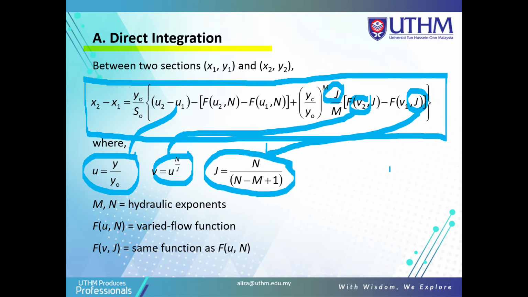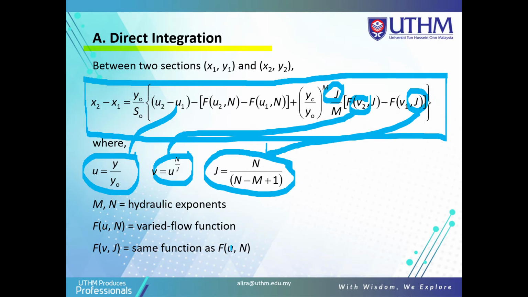So this is direct integration. M and N are hydraulic exponents, and F(v,j) is the same function as F(u,N), the varied flow function.